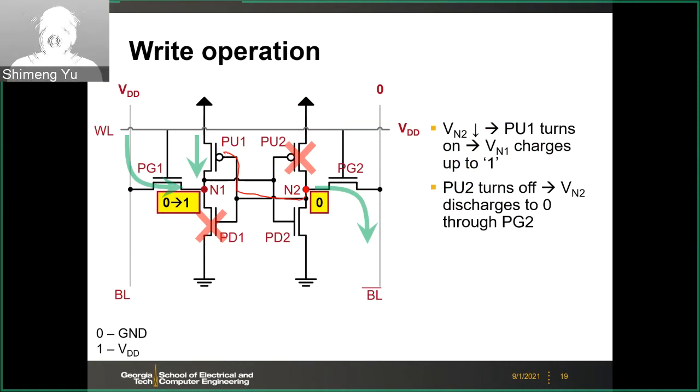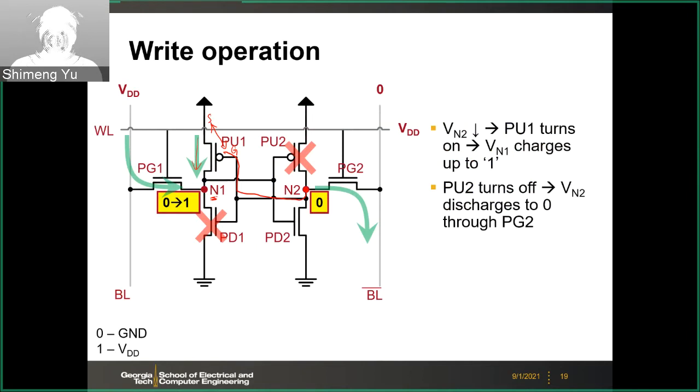PU1 is a PMOS transistor. For the PMOS transistor, you know, the VGS, this is G, this is S. If this VGS is sufficiently negative, then the PU1 will be turned on. That means you will have additional current flow from the PU1 to the N1 node, so you get additional current to charge up the N1.